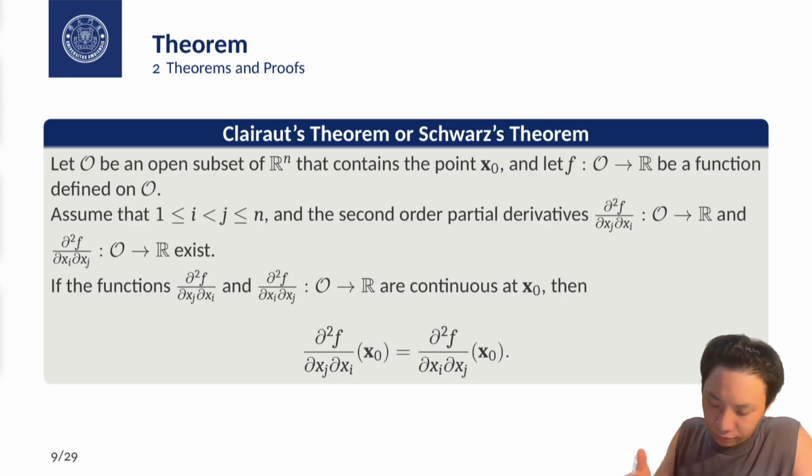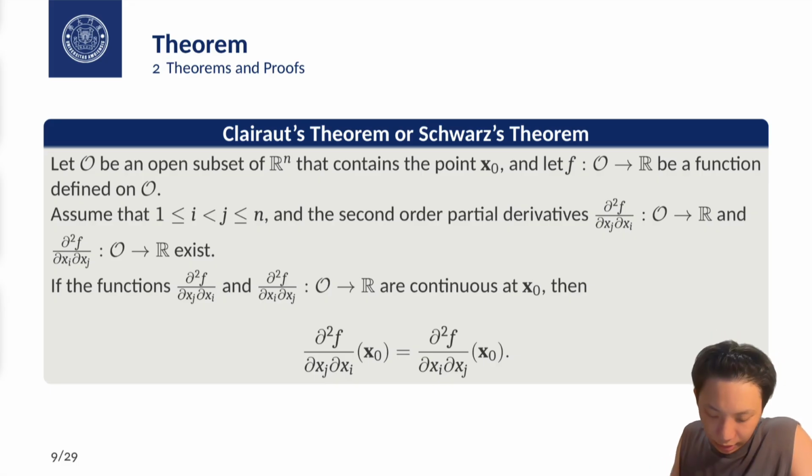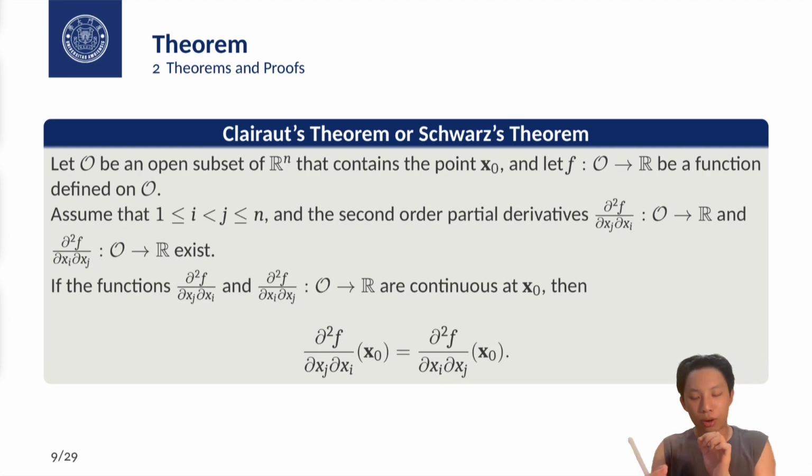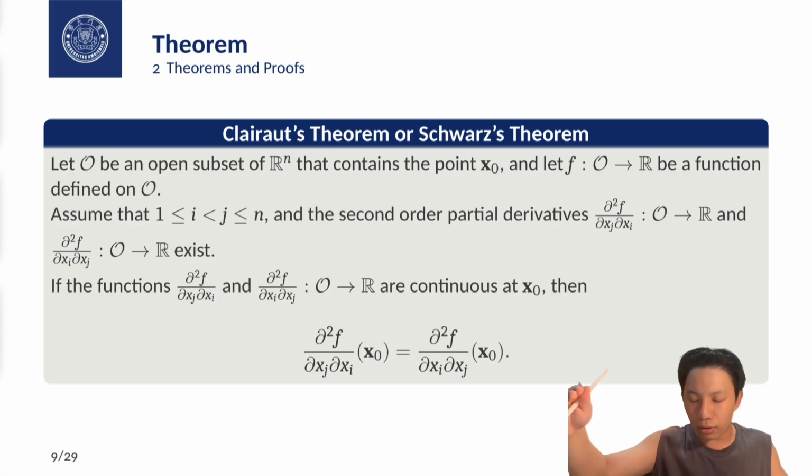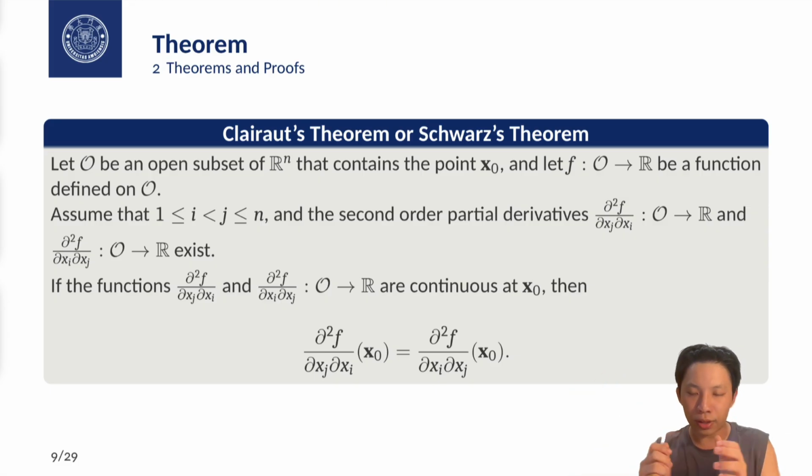This theorem tells us that for a function f, if the second order mixed partial derivatives are continuous at point x0, then we can switch the order of differentiation and the result will still be the same. They are equal. The proof of this theorem is very long, but the idea of the proof is not very hard actually. So let us go through it. I will explain the idea.